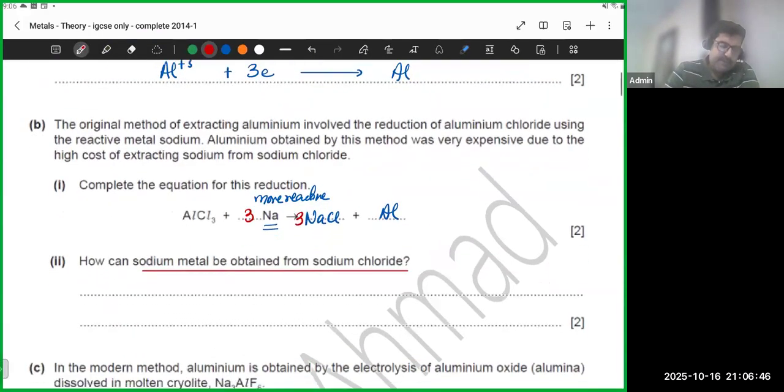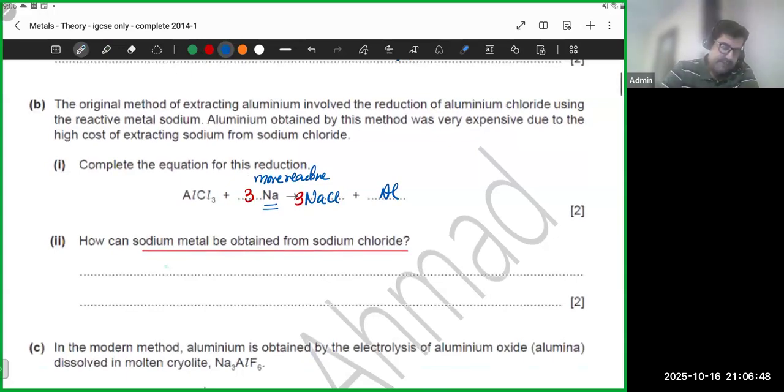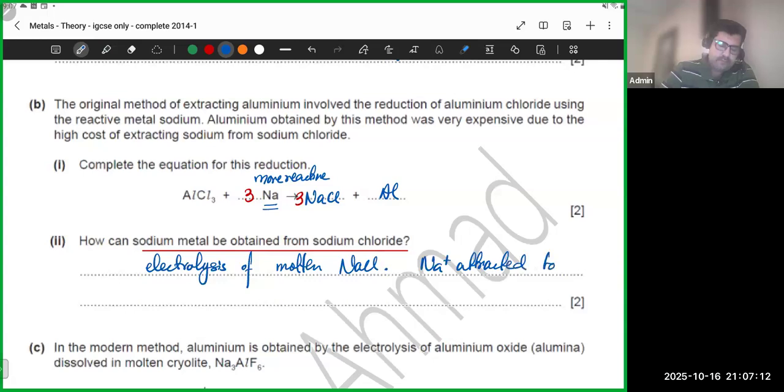Okay, how can sodium metal be obtained from sodium chloride? So the answer is, it's a 2-mark question, so you have to give some detail. The first one would be electrolysis of molten NaCl. Okay, that's one. And then you're going to tell them that Na+1 is attracted to the negative cathode, where it gets reduced or where it gains electrons.